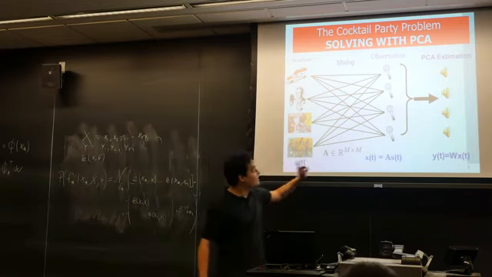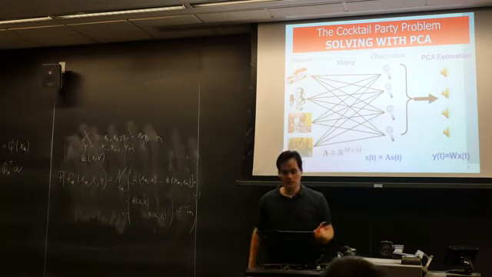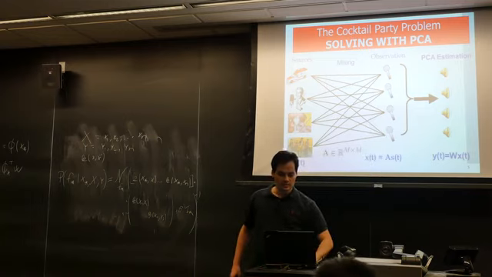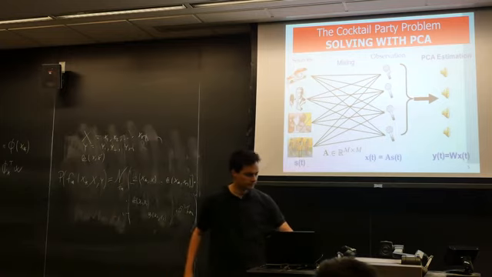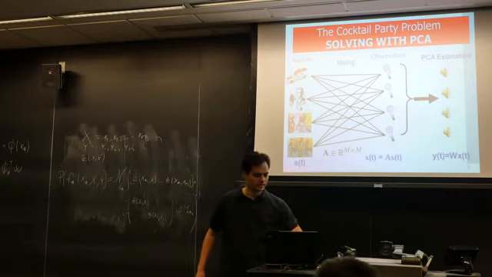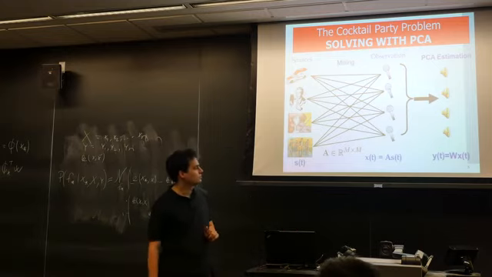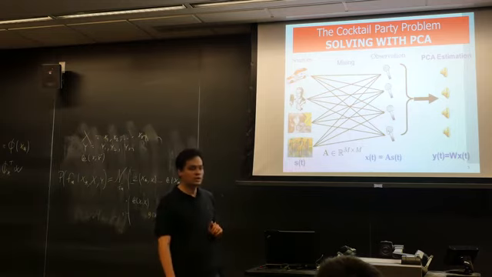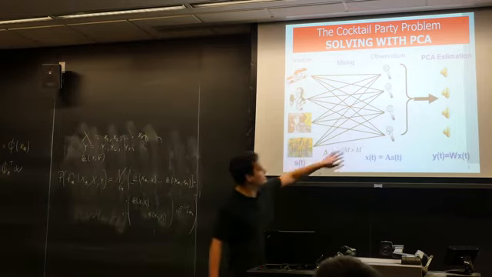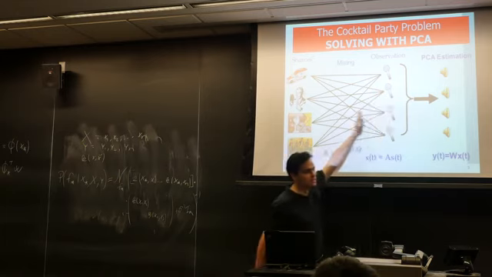All right, and these microphones in the cocktail party, they record the mixed signals. All right. So our goal is that using these 4 microphones, we want to estimate the original signals.